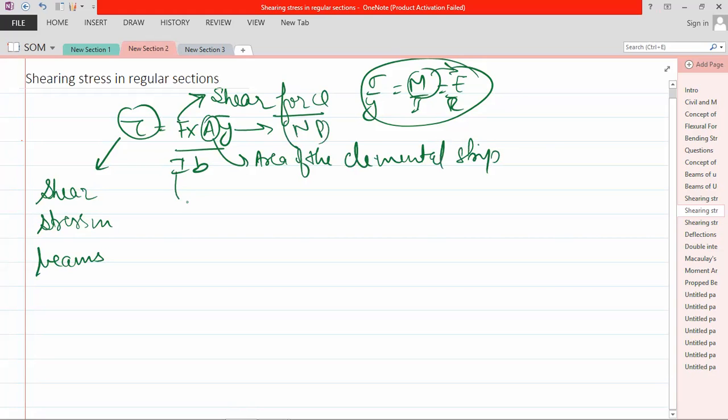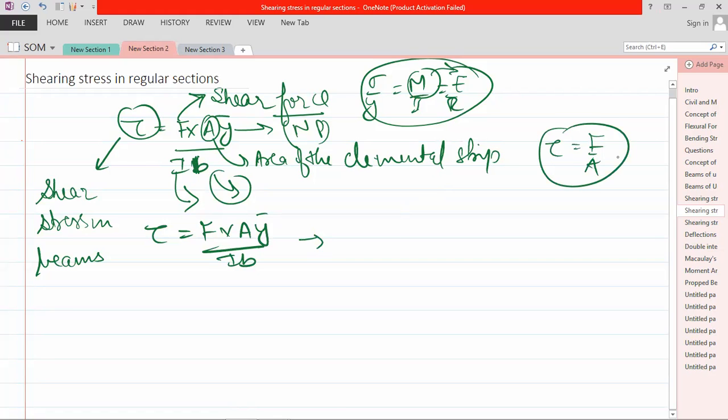I is the moment of inertia, and B is the width. So this is the shear stress formula: F into A into Y bar upon I B. In beams, the shear stress formula is also F by A, but that is the general case where force is acting directly, while this one is for beams.